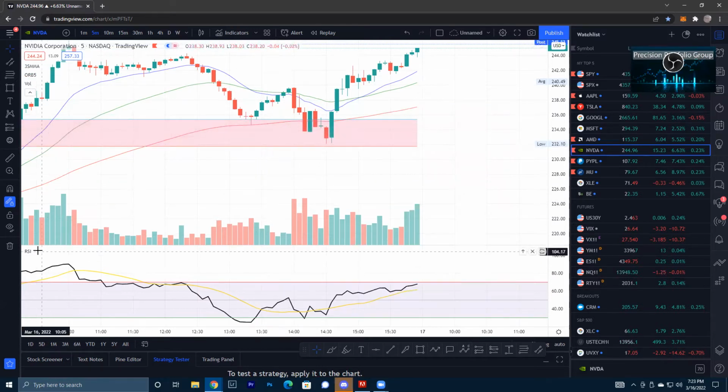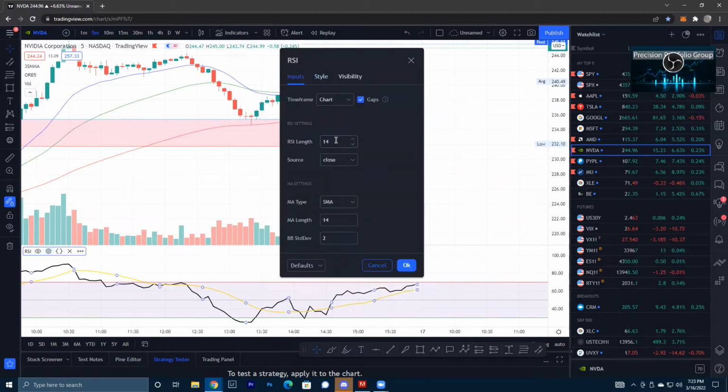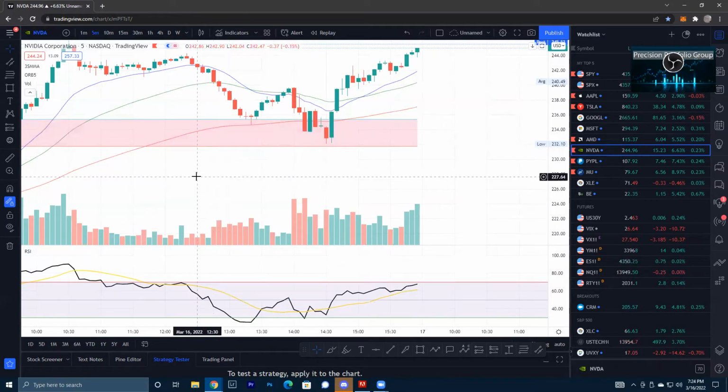All right, then the RSI. I set my RSI at 14 for the strength. MA type, I set the SMA, 14 length moving average, and the deviation as 2. Also, time frame is chart. Then I press OK, and here you have it.